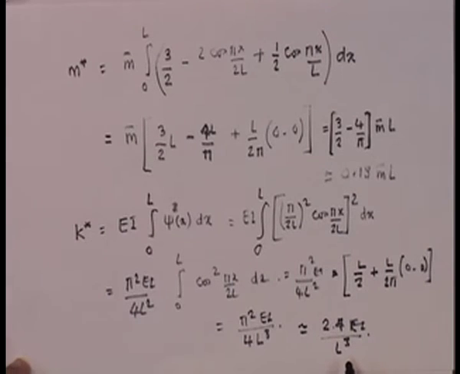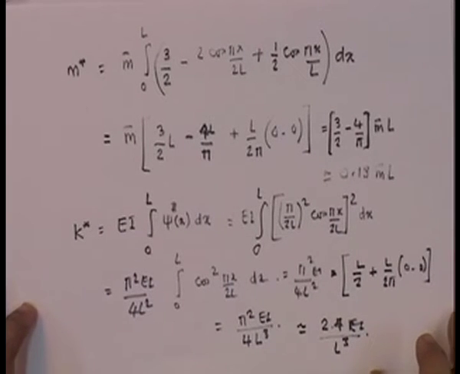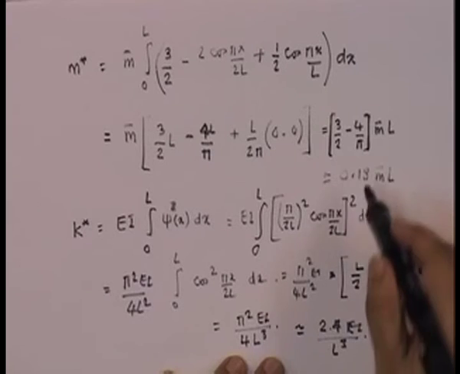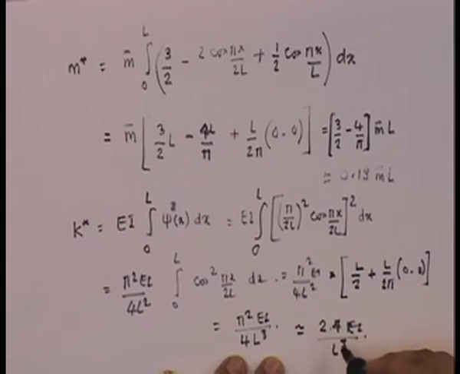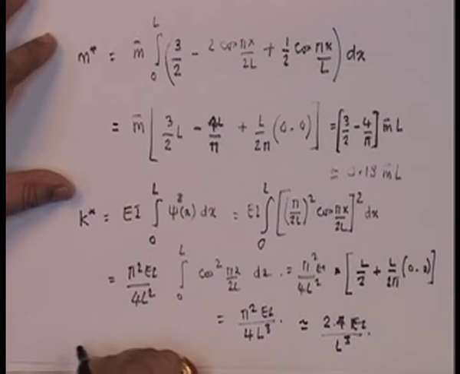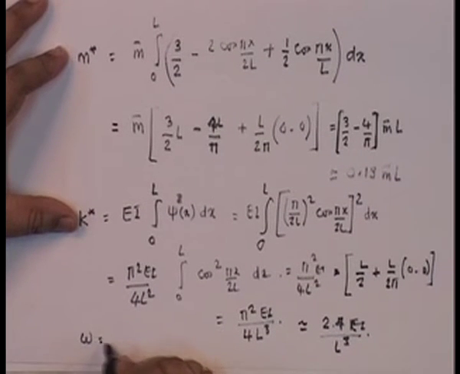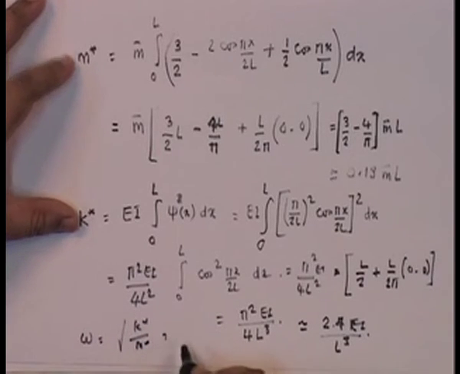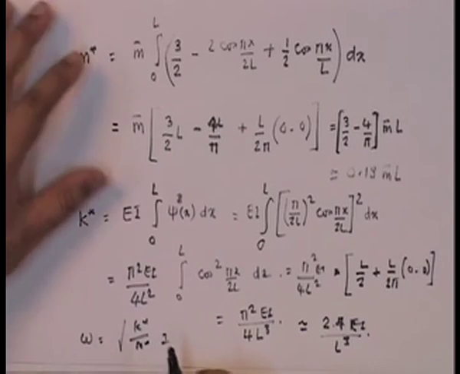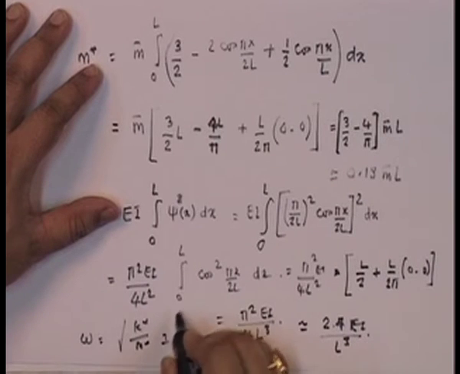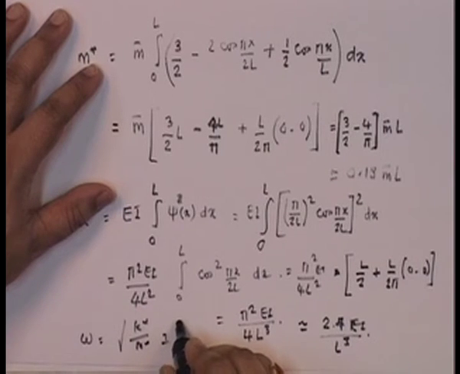And if you look at omega, it is going to be 2.4 divided by 0.24 m bar, so it is going to be EI upon m bar. So, if you look at omega, it is going to be equal to square root of k star upon m star, and this is approximately just over 20, about 22 square root of EI upon m bar L fourth.